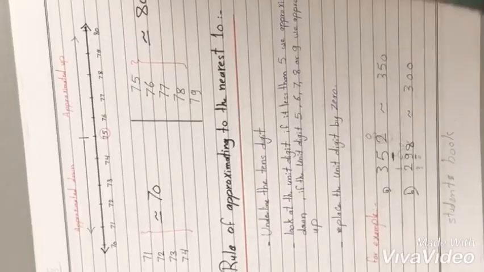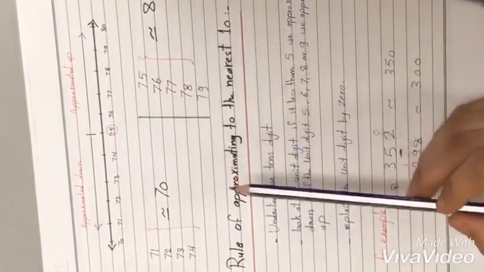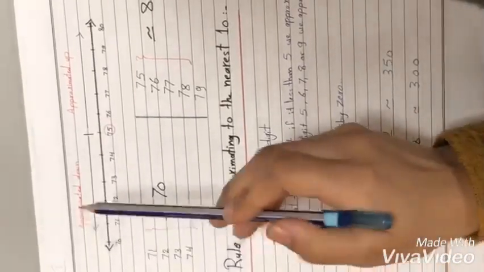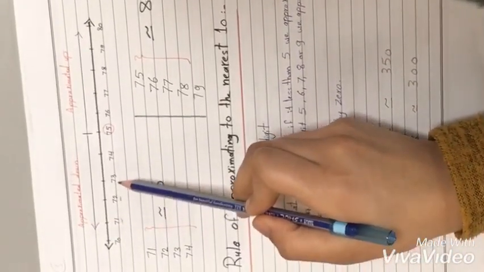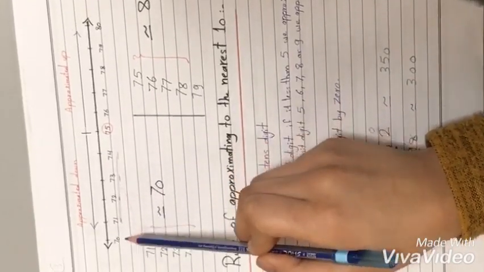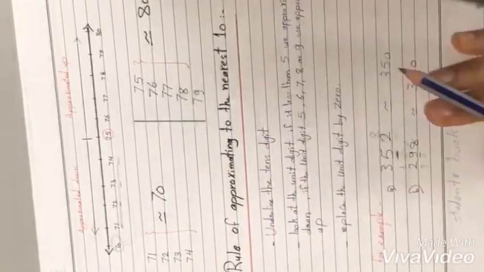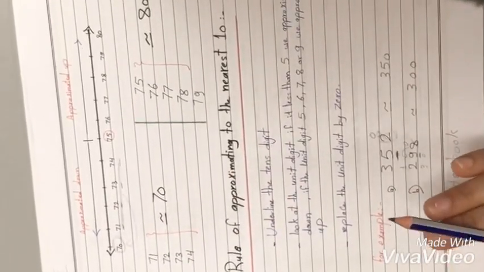Another example. Numbers from 70 up to 80. We notice that here 71, 72, 73, 74, all these numbers are nearest to 70. I want to replace the words nearest to by approximated to.